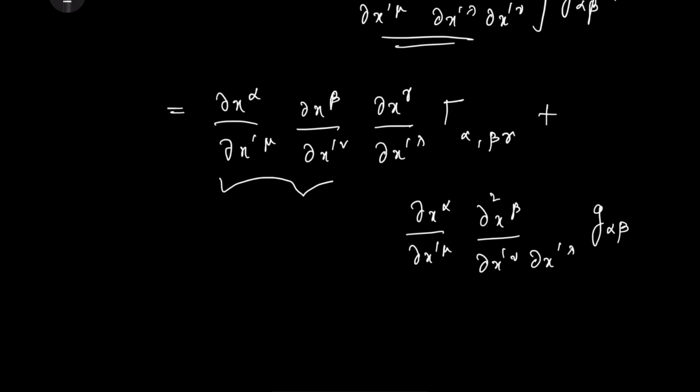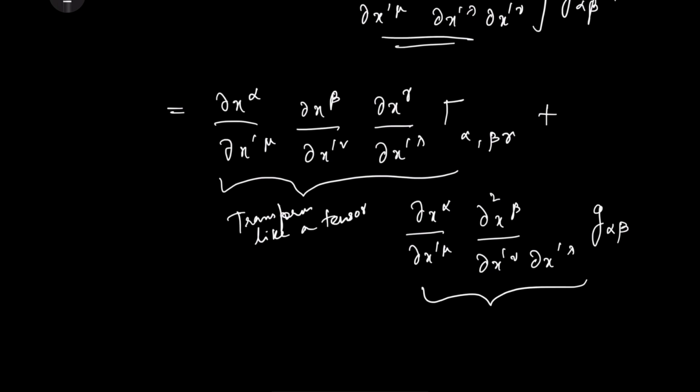So the first part will transform like a tensor, but the second derivative is actually making the Christoffel symbol of first kind not a tensor, because the presence of the second derivative will not transform the Christoffel symbol as a tensor. So this term does not transform like a tensor.